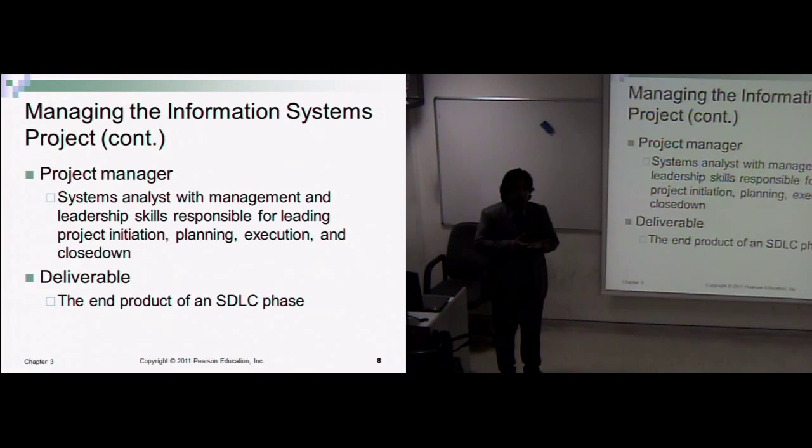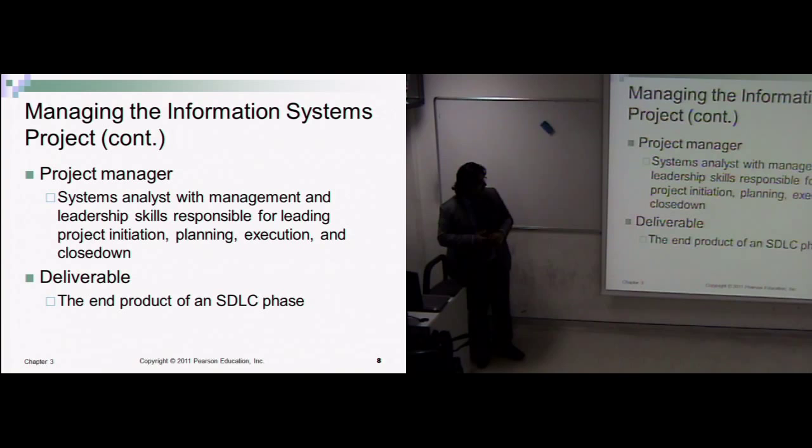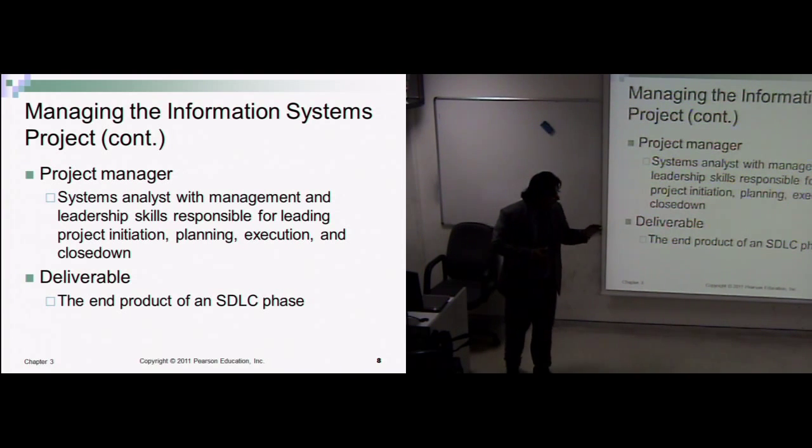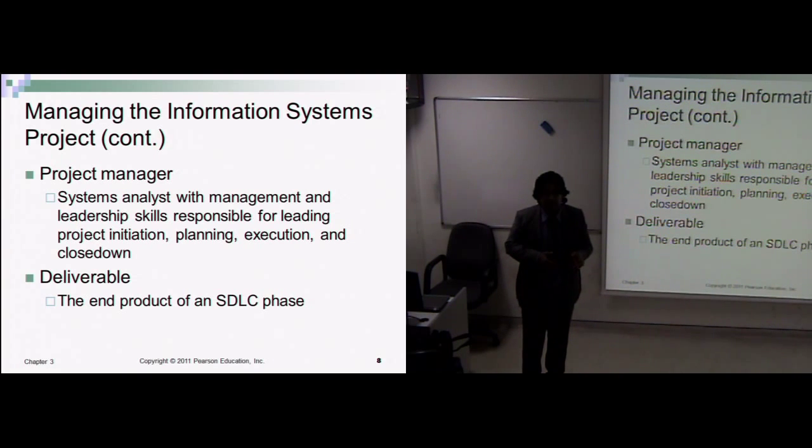Now we will see there is project management as an umbrella, under which the systems development life cycle runs. Then at the end there is a deliverable. This deliverable means that the end product of the systems development life cycle would be delivered to the customer, right?